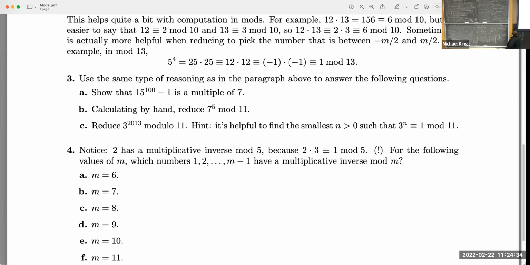So when you multiply that by 3, you get 27, but you could reduce that mod 11 now. What does that reduce to, mod 11? What's the remainder of 27 when you divide by 11? 5. So that's really 5.